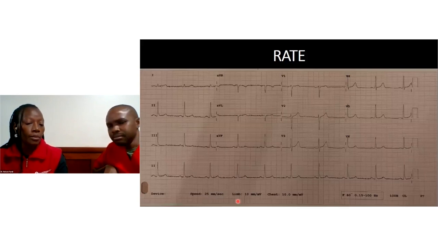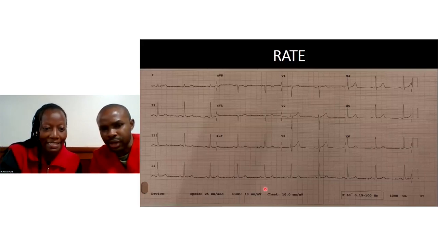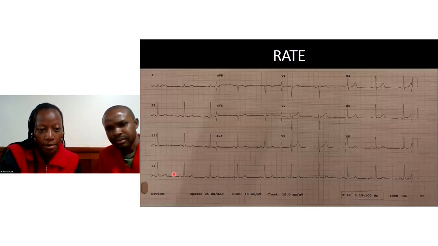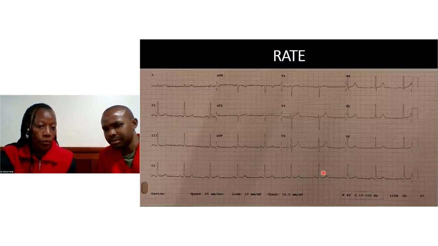So the ECG paper, the x-axis, this one here. Yes, the x-axis represents time. So I've just said that an ECG traces at 25 millimeters per second.